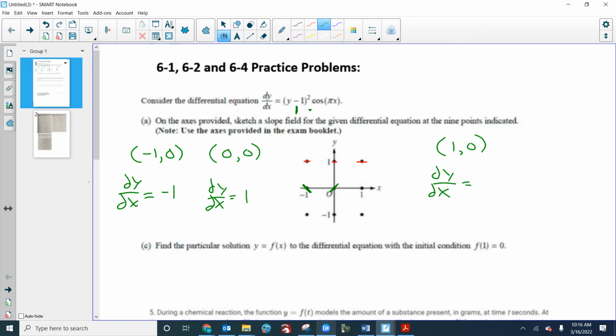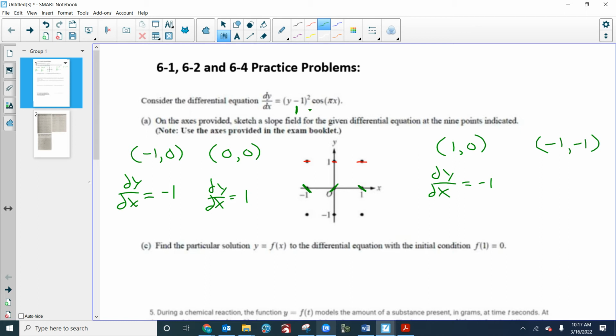Well, I still have a 1 out of the first set of parentheses, and I get cosine of pi. Cosine of pi is negative 1. So again, I get a slope of negative 1.